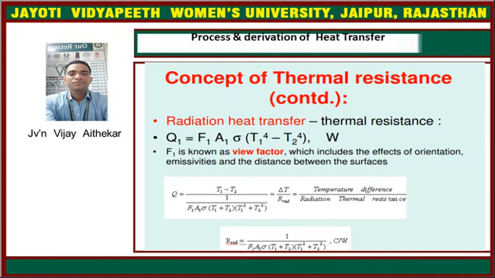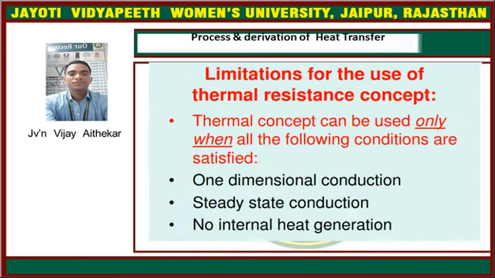Concept of thermal resistance for radiation heat transfer. Q = F1 A1 σ(T1^4 - T2^4) W. F1 is known as the view factor, including the effect of the orientation and distance between the surfaces, or Q = (T1 - T2)/[1/(F1 A1 σ (T1 + T2)(T1² + T2²))], or given by the formula ΔT/R. Limitations for the use of the thermal resistance concept: it can be used only when all the following conditions are satisfied.